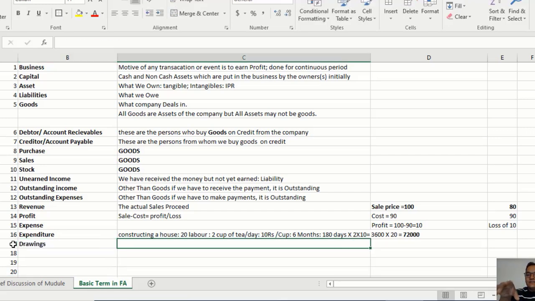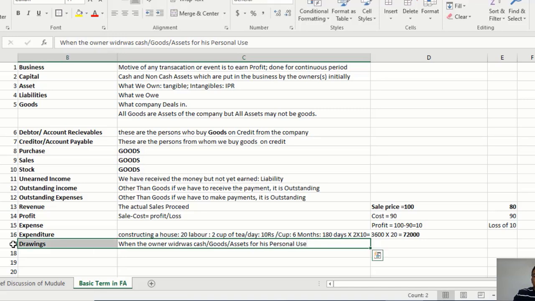When an owner invests in the company, it is called capital. But when the owner withdraws cash, goods, or assets for his personal use, this is very important to understand.